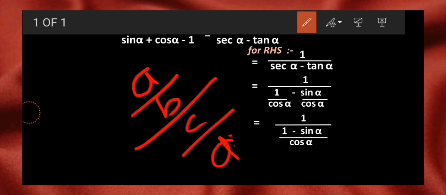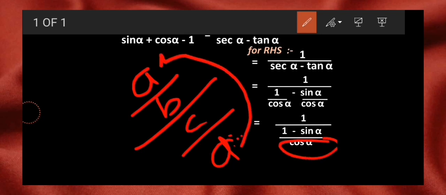So d, which is cos alpha, will be moved to a, and b, which is not there actually, should have been shifted to c in the product. So presently cos alpha must be written with 1 in the multiplication according to our method. I hope I made it very clear to you what is to be done and what is not.